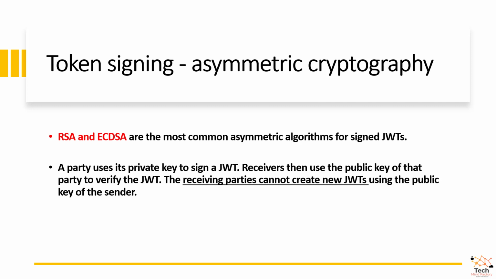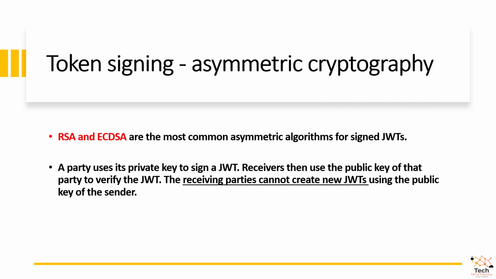The receiving parties cannot create new JWT tokens using the public key of the sender, and that's very important. In symmetric cryptography, we can validate the token signature, but we can also use this key to sign our own token. With asymmetric cryptography, when we receive the ID token hint, we can only validate the signature using the public key of the issuer, basically.